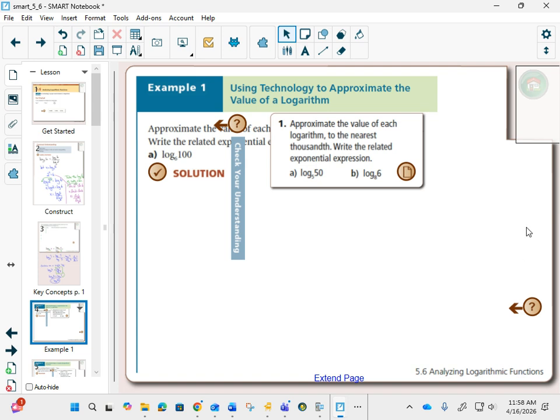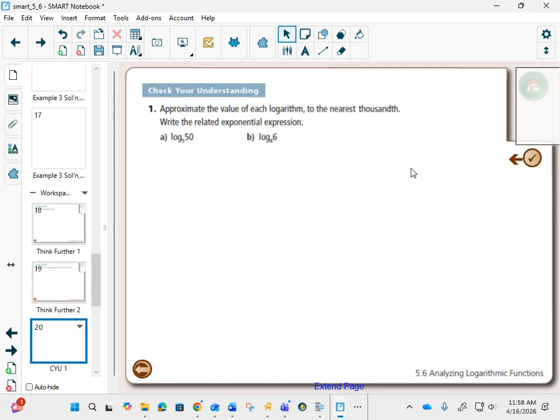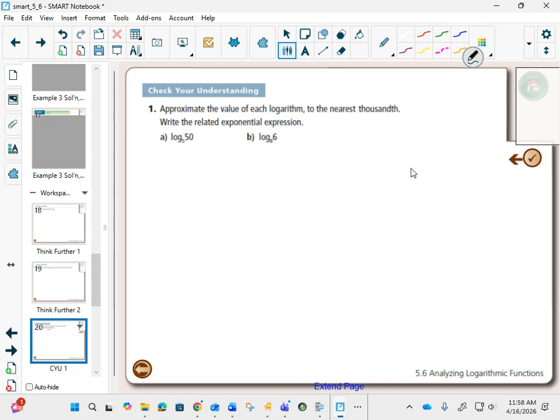We have time for example number 1. Approximate the value to the nearest thousand. So this and this to me don't make sense because you need a calculator. And an approximation, usually I think of doing something without a calculator. They do mean here to use a calculator.